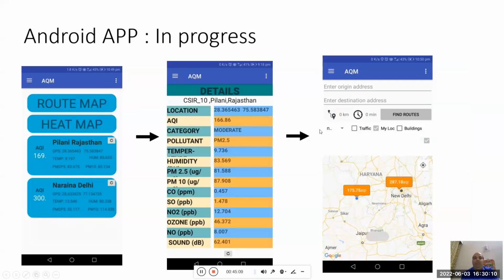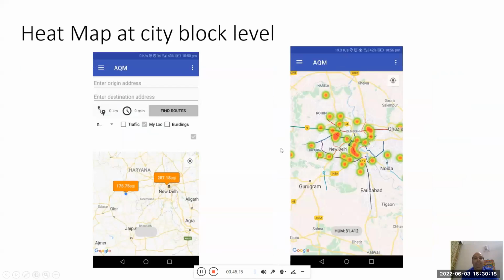So the aim of this Android app is that it will tell you the route map and the heat map of the entire India. It shows all the stations with the color histogram of the current AQI value, and these are the two nodes from Pilani to Delhi.